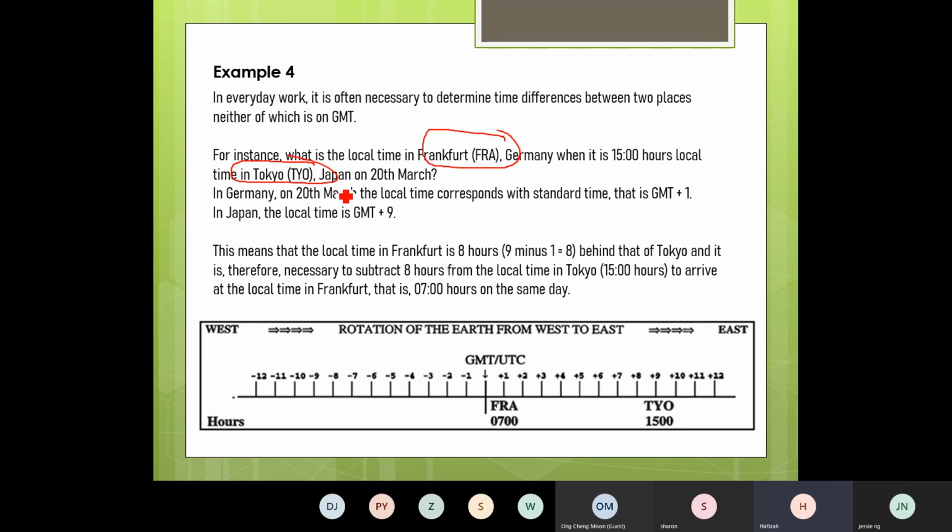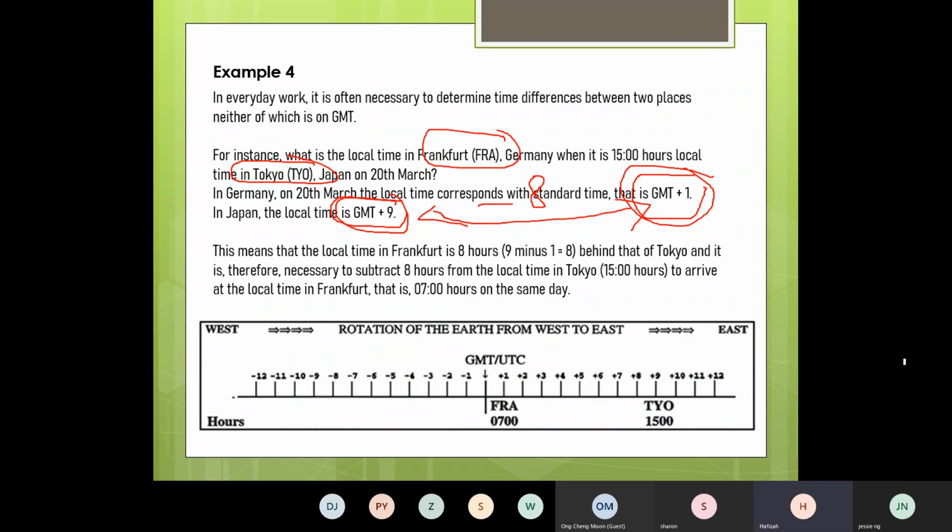Each of them has its own GMT. So you need to plus or minus to see the difference. Tokyo's GMT is +9, but Frankfurt is +1. So how many hours is the difference? 8 hours.